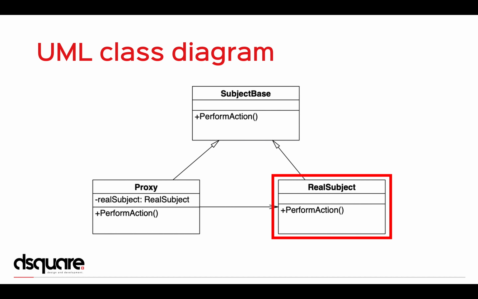Now the real subject, very importantly, can exist and can function without a proxy. So it doesn't need to have the proxy to actually work. It will work perfectly well without the creation of a proxy.